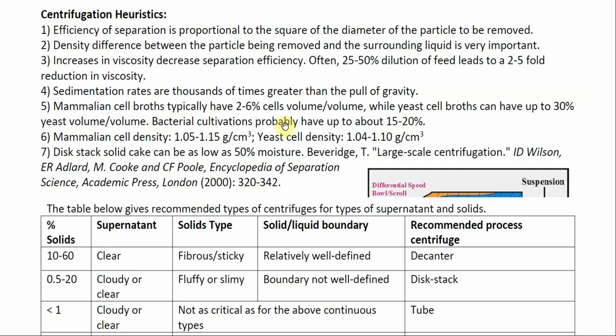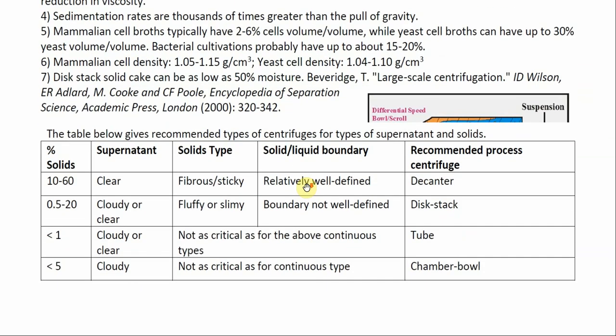Bacterial cultivations are probably something like 15 to 20% volume bacteria. Mammalian cell density and yeast cell density are shown here. These are what you're going to base your calculations off of when we're looking at the densities. Disc stack solid cake can be as low as 50% moisture, so it's pretty good at dewatering.